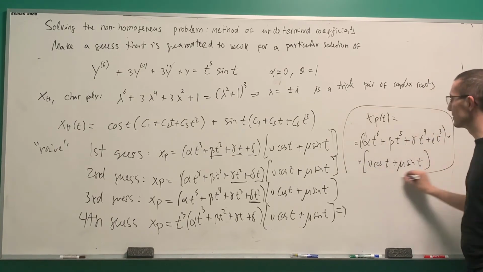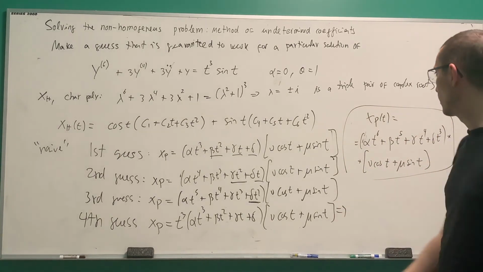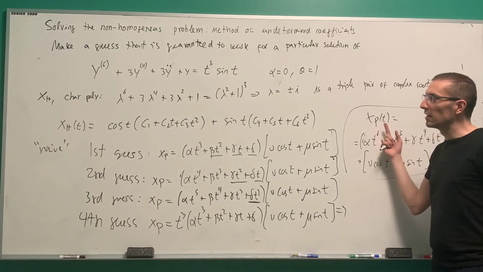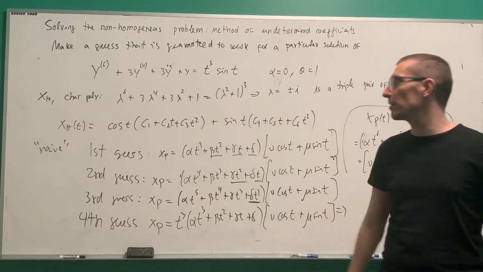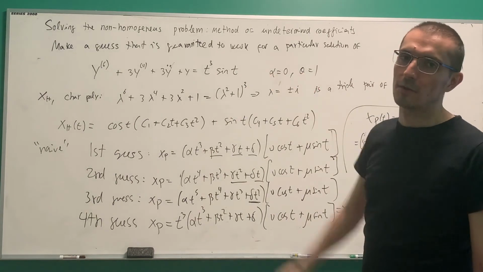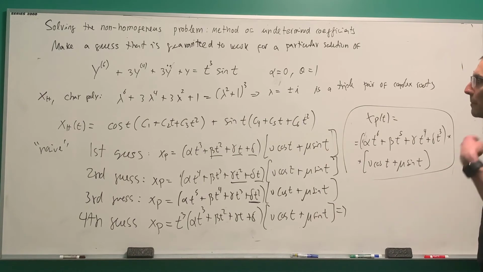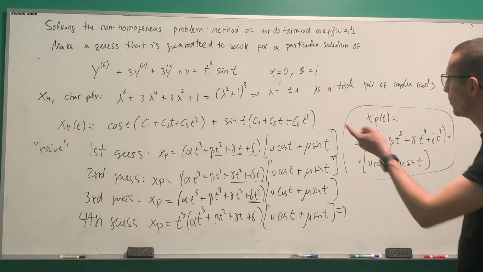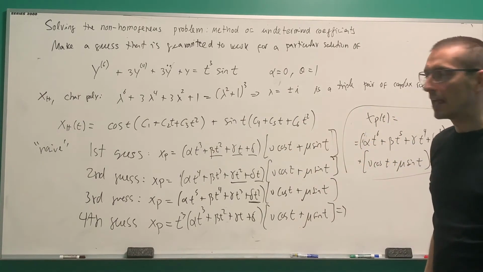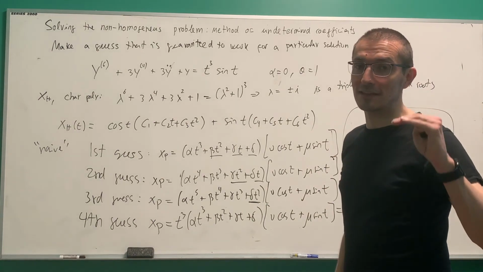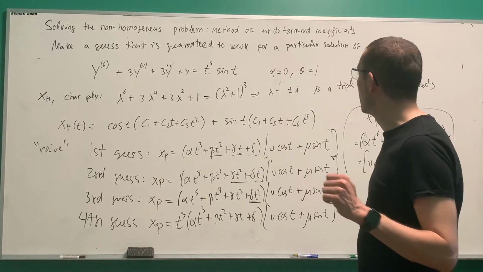That is the right particular solution that would work with this problem. I hope it is clear how we upgrade the guess when it overlaps with the homogeneous solutions. If there are any questions, please ask them in the in-person sessions.